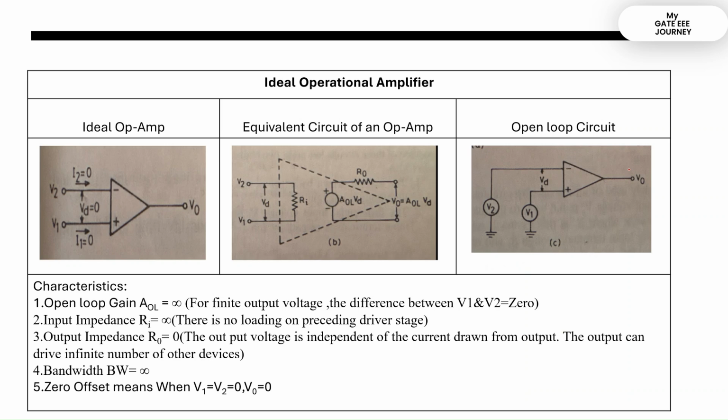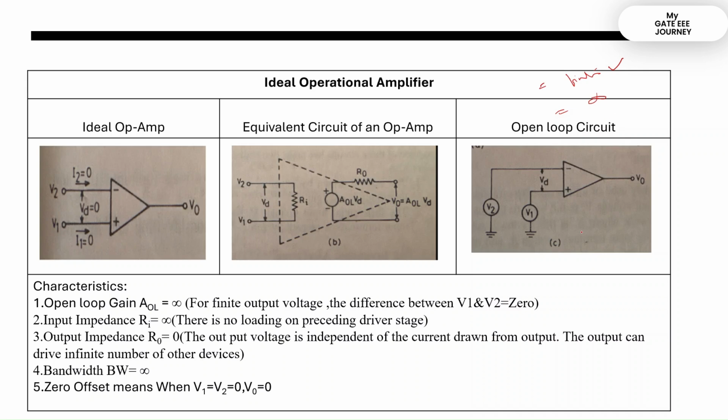Now let us see what is an ideal operational amplifier. In an ideal op amp, these are the characteristics. The open loop gain is infinite, which means there can be two outputs: one is a finite output, one is an infinite output.